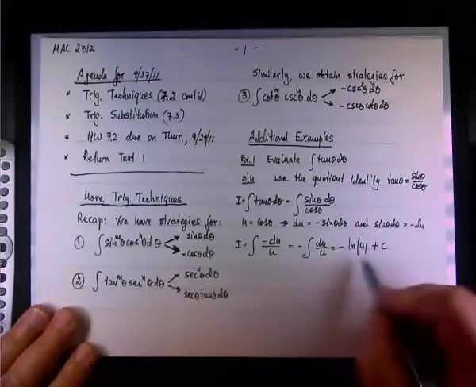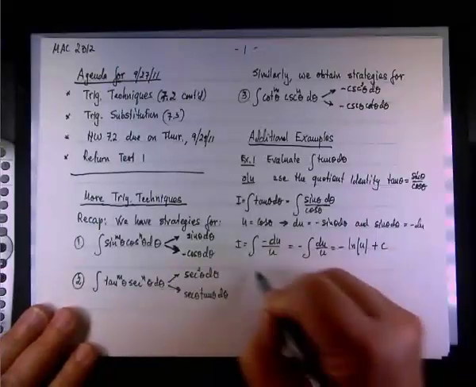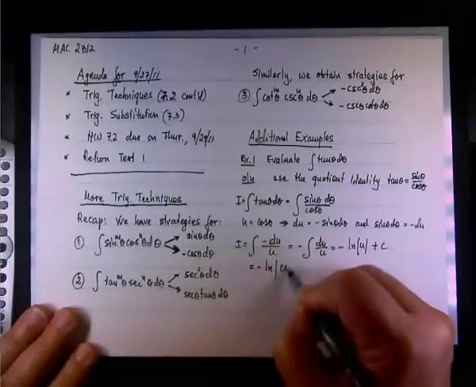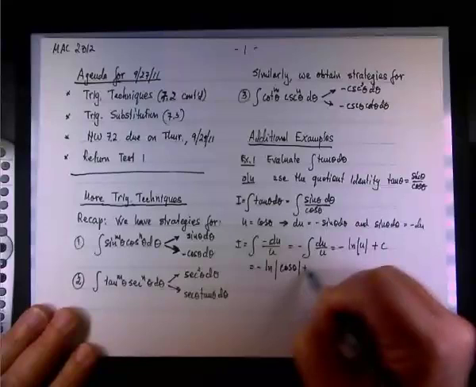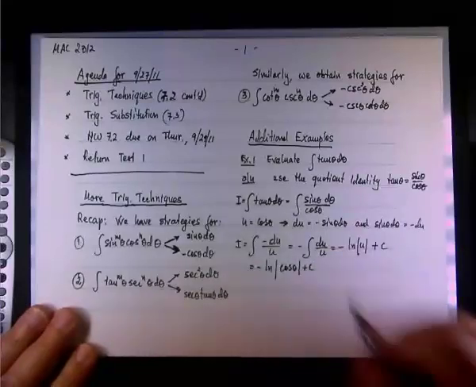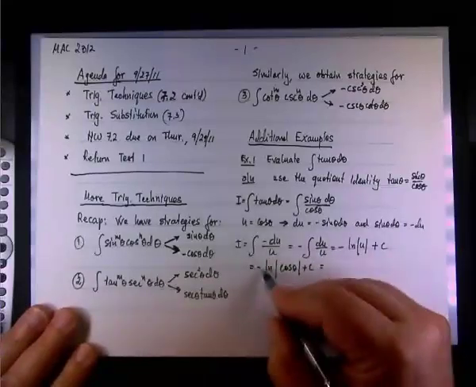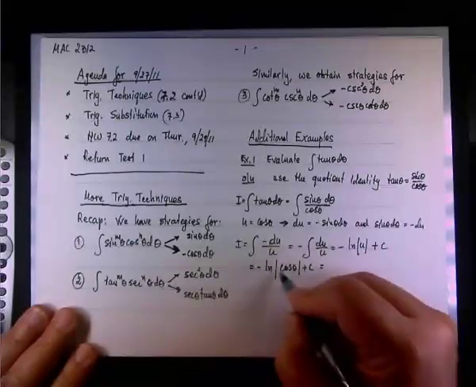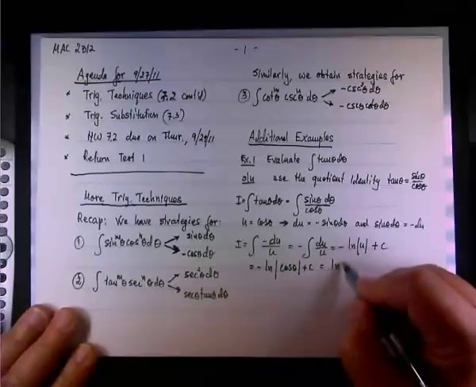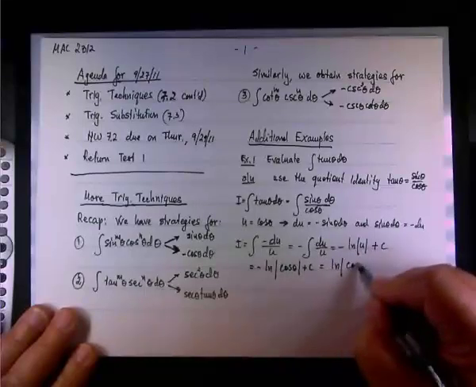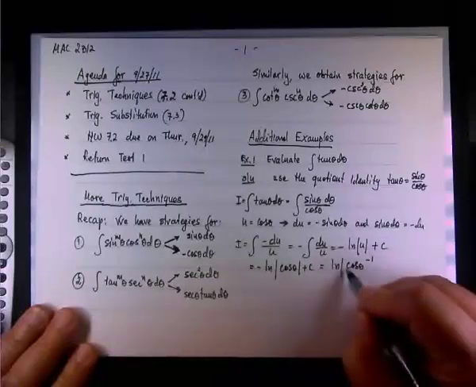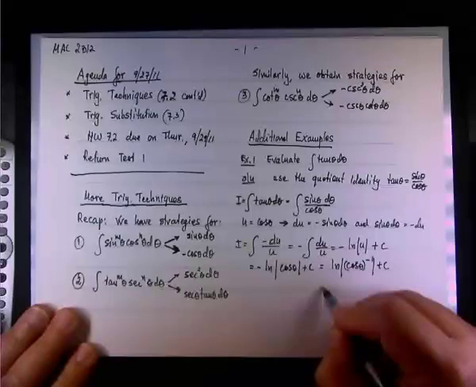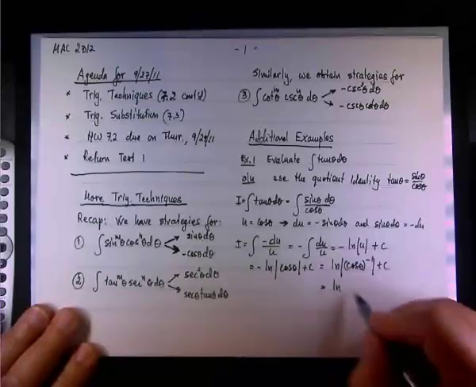So we need to use the absolute value, and I can now substitute back and say that we have negative the natural log of the absolute value of cosine theta plus c. If I write it like so, I use the property of logarithms, where this is negative 1 times the natural log, so I can write it as the natural log of the cosine of theta raised to a power of negative 1, plus c.